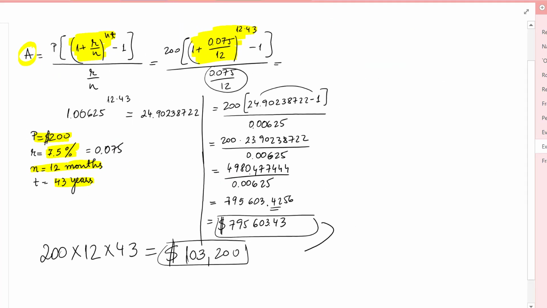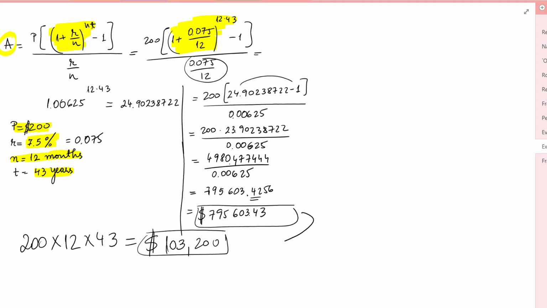And as you can see here, only at the very end, you see how I copied all the decimals every time, and I didn't round until the very end. Now I did the rounding. I hope it helps.